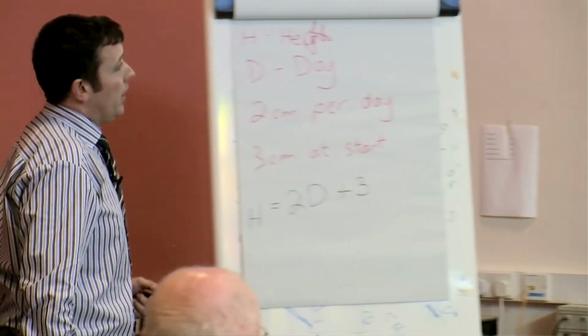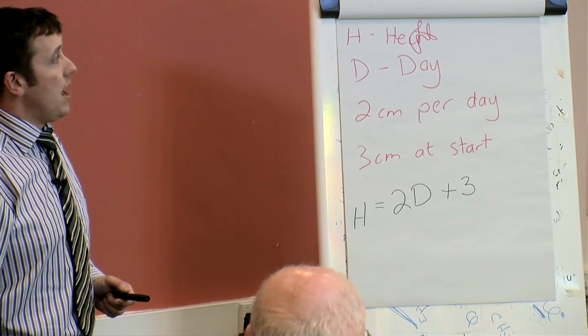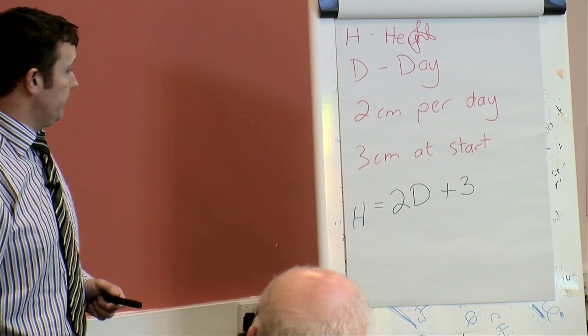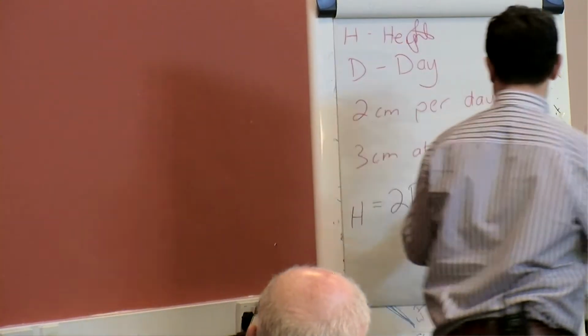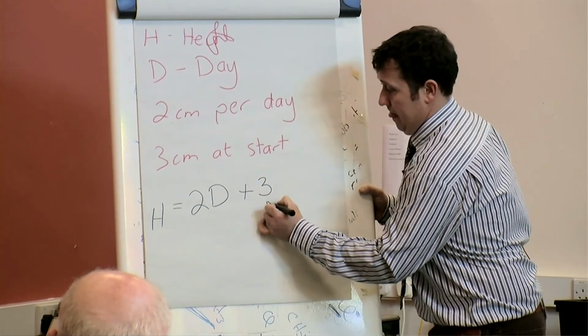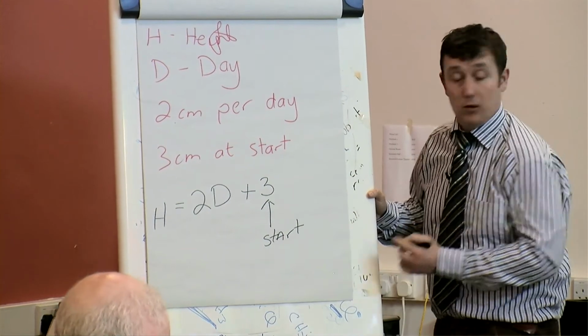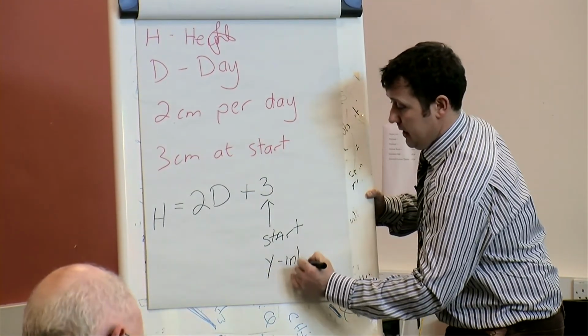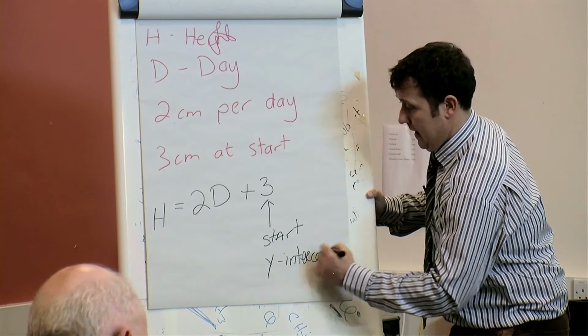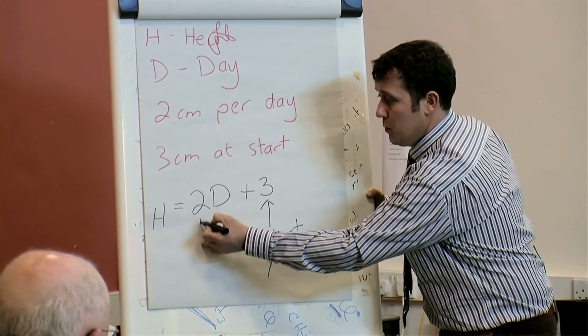Now, where do the y-intercept and the slope of the graph appear in the formula? So if I point to this one, the Y is the start. So that's your start when you're looking at it in a table, and it's also what? Your y-intercept. And like we said here, what about this too?